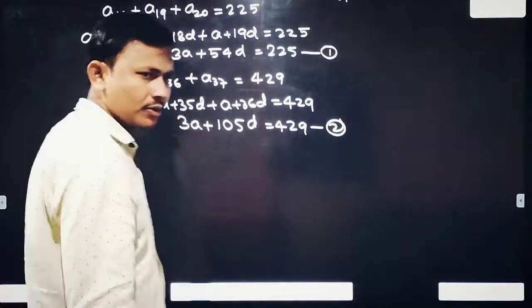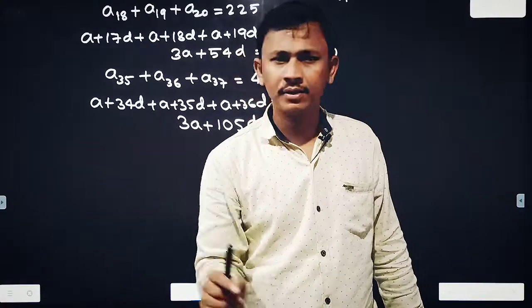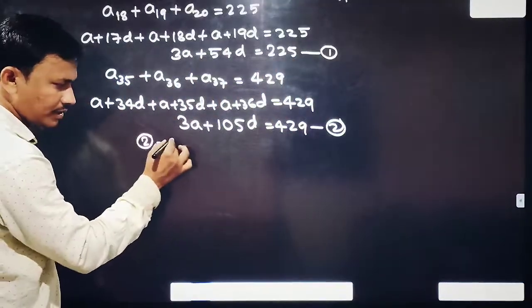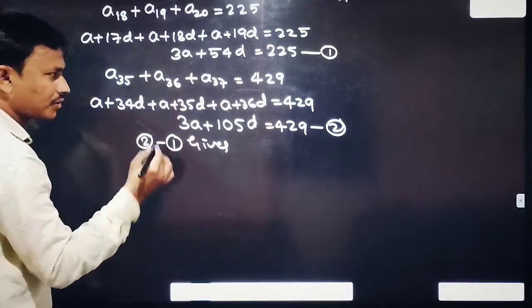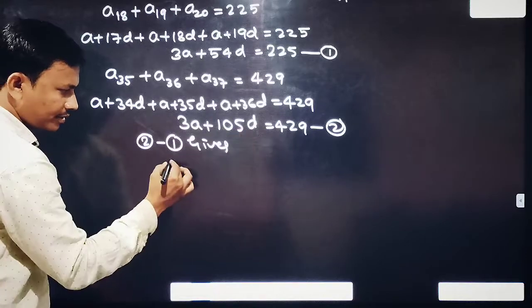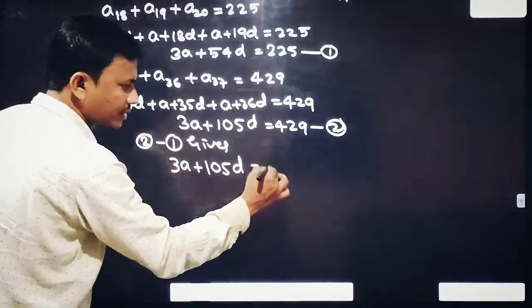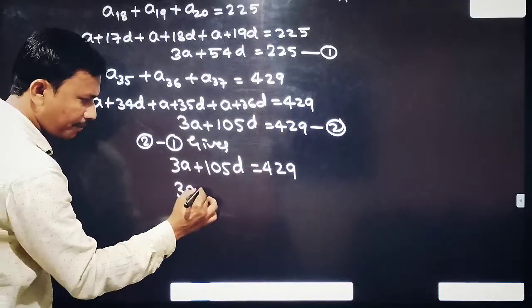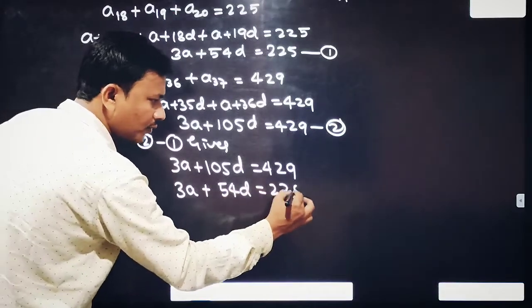Equation number 2. Equation 2 minus equation 1 gives what? Equation 2 is 3A plus 105D is equal to 429. Next, 3A plus 54D is equal to 225.